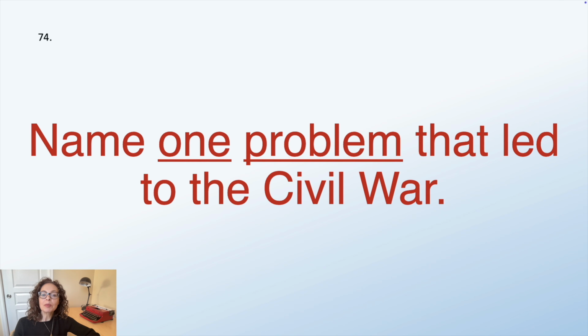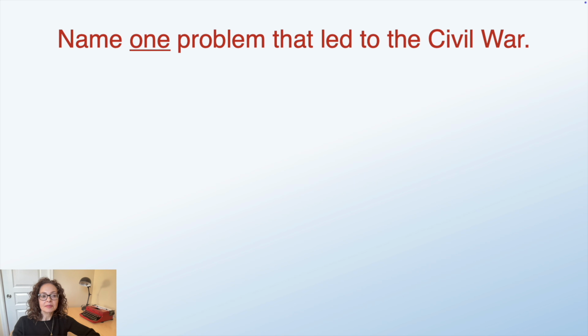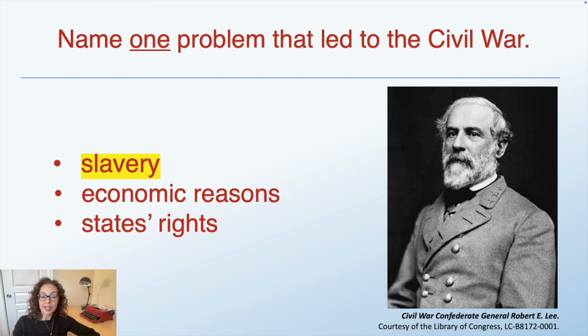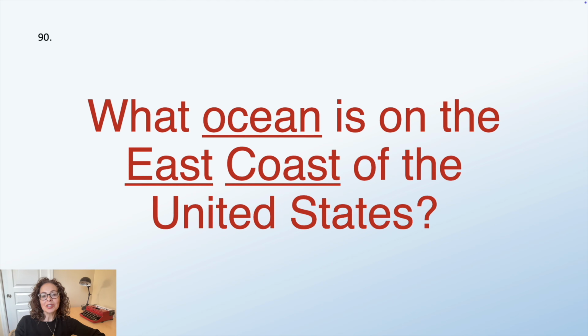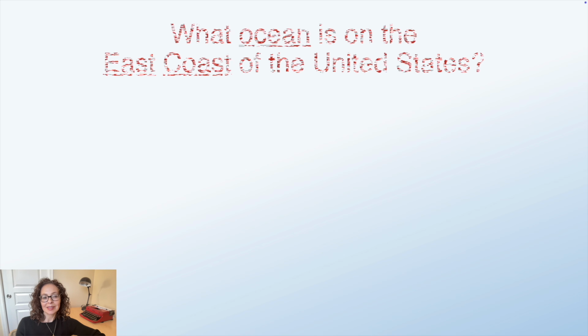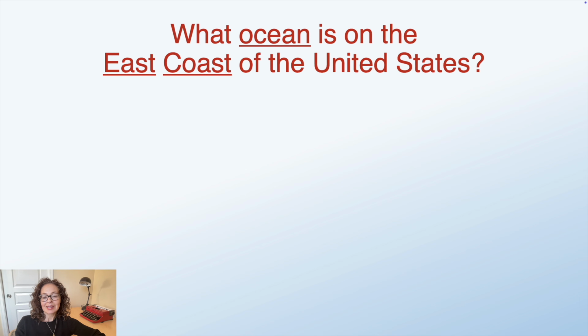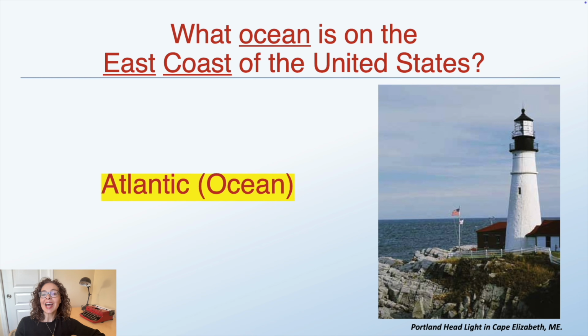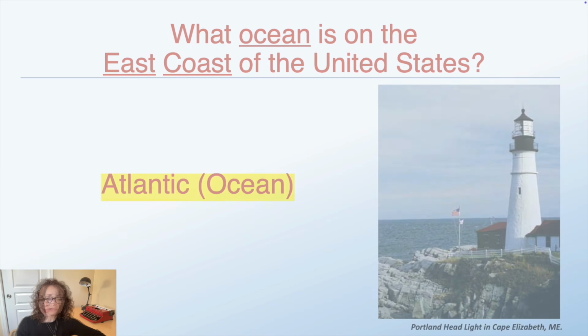Name one problem that led to the Civil War. Slavery. What ocean is on the east coast of the United States? Next to the east coast, we have the Atlantic Ocean.